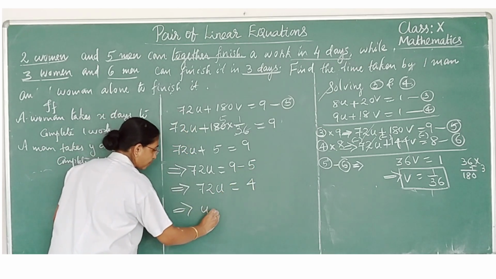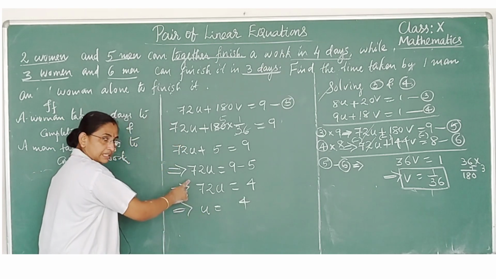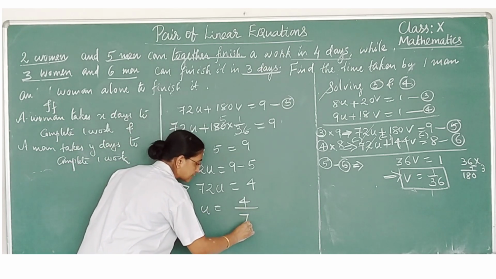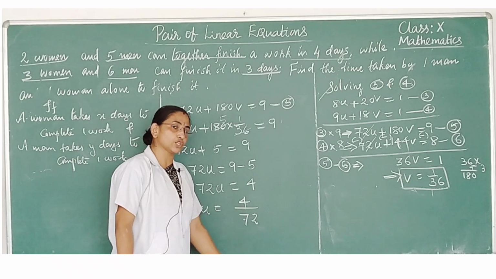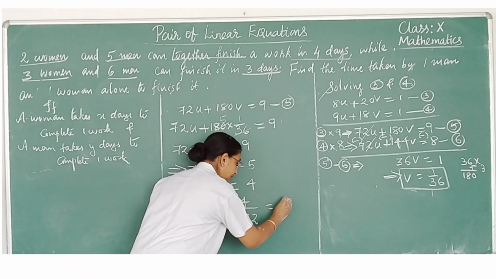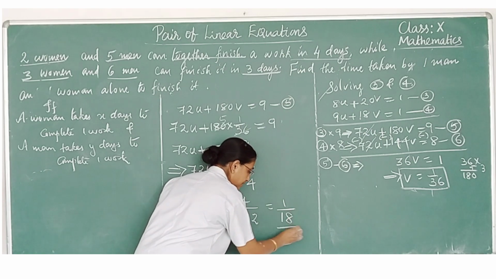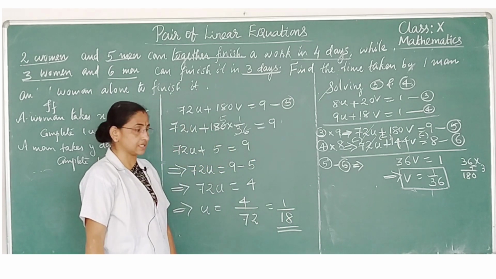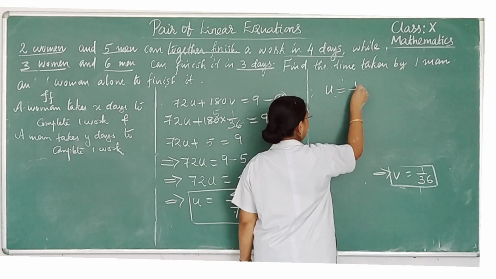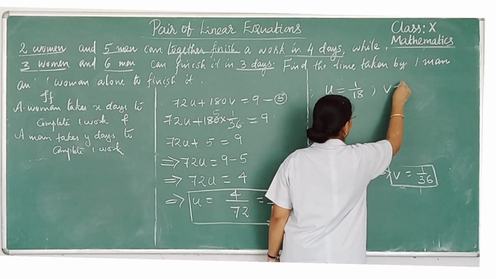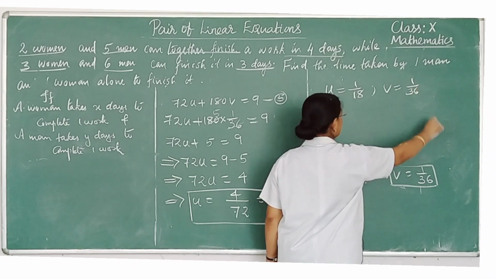Therefore, u equals 4 on the right side, multiplication with 72 goes to the right side, becomes division by 72. What about 4 by 72? Cancel, you get 1 by 18. Thus we obtain the value of u as 1 by 18 and the value of v as 1 by 36.